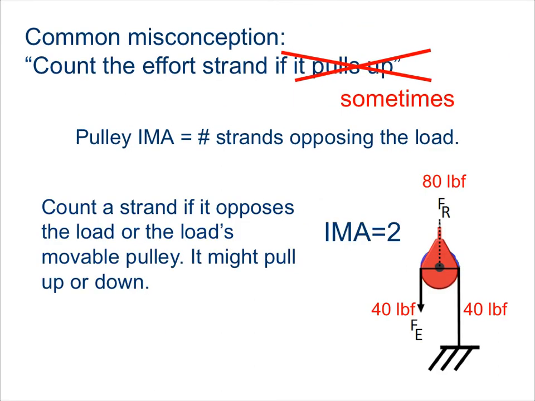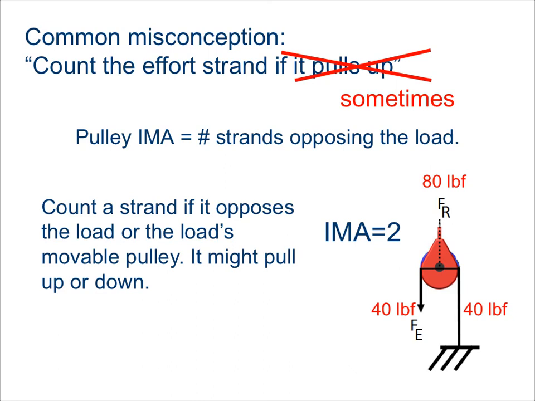Another common misconception is that when you are looking at a pulley system, you simply count the number of effort strands that are being pulled up. That only sometimes works. Consider this example. In the movable pulley here, the effort force is used to pull the pulley down along the load. This is used, for example, in pulling the foot of a sail downward after it has been hoisted.